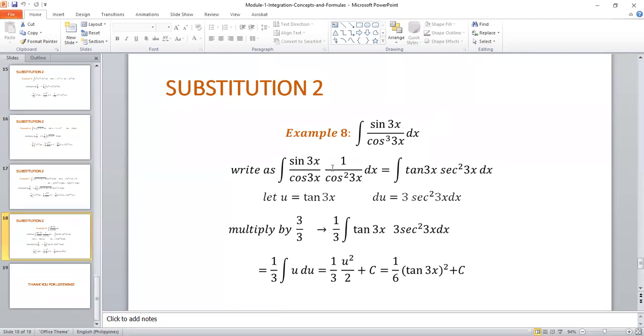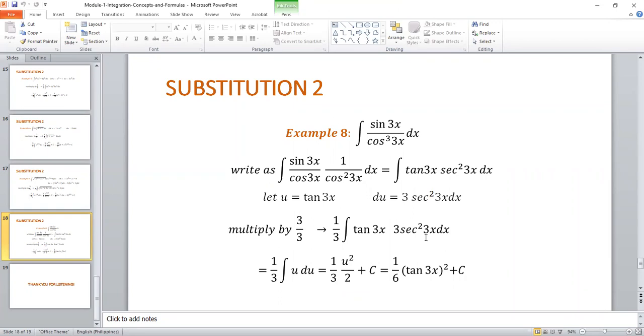Another one is you do regrouping as written here. Regrouping in the sense that one of the cosine here goes with the sine and the cosine squared here is set aside. The sine over cosine is tangent 3x and 1 over cosine squared 3x is secant squared 3x.